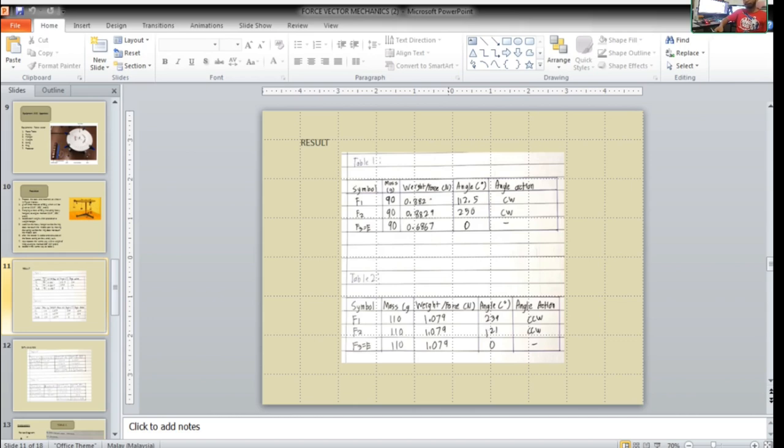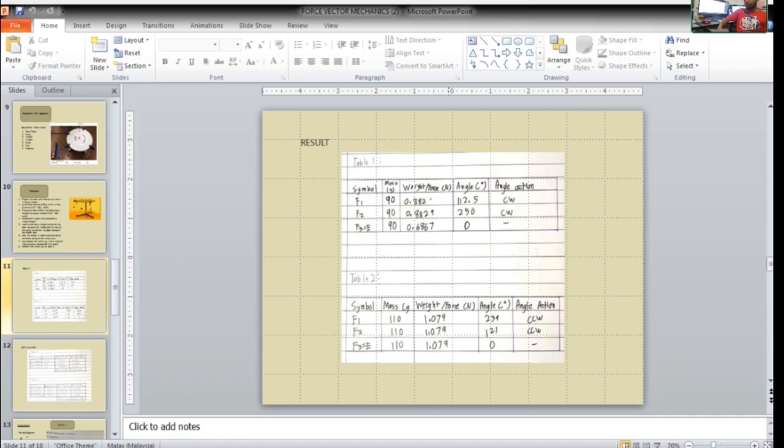Symbol F2: the same 90 grams, and the weight is 0.8829 Newton, the angle is 250, and the angle action is CW. Symbol F3: the mass is 90 grams, the weight is 0.6867 Newton, the angle is 0, and the angle action is none.